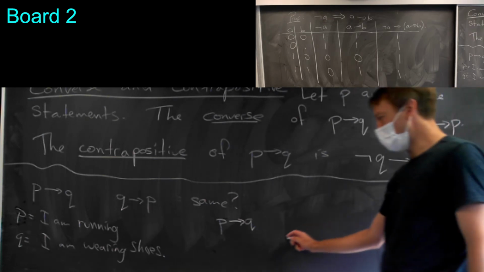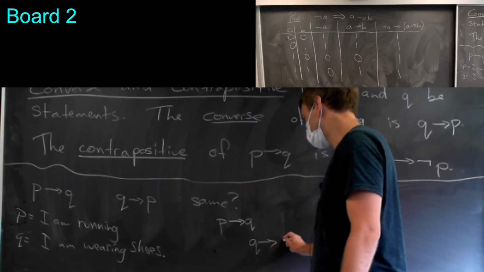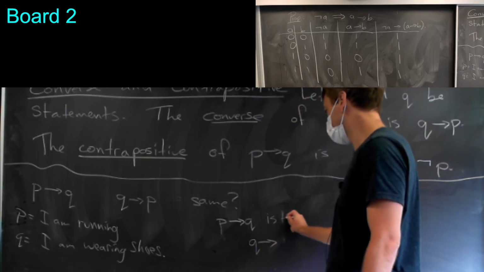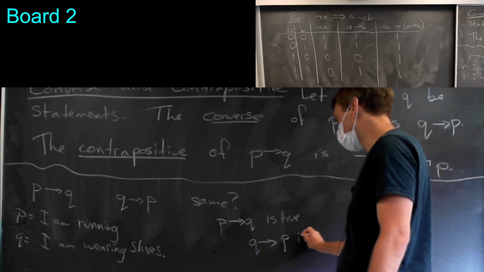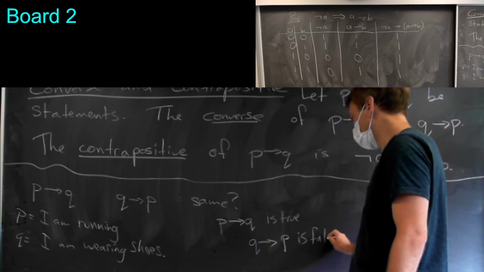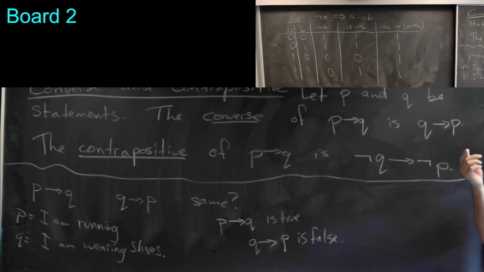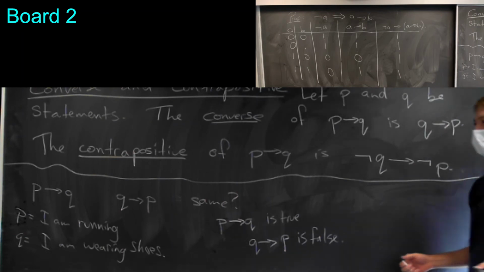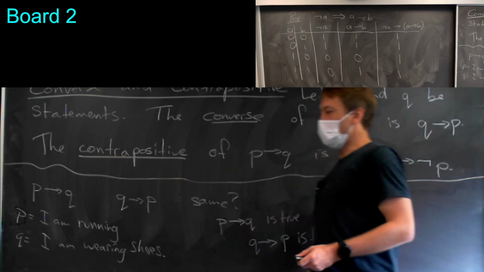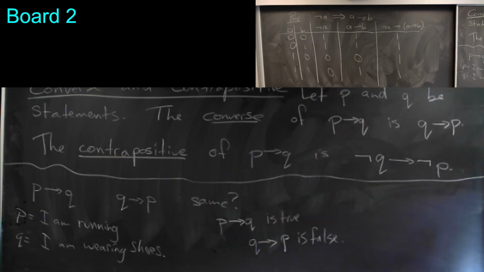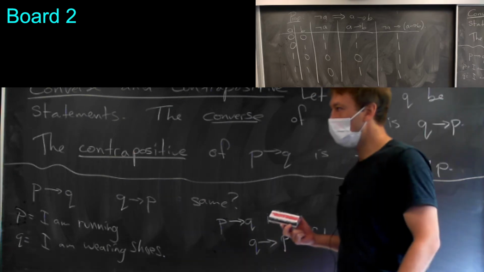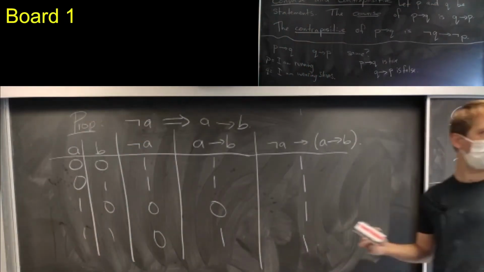But Q implies P is totally false, because all of us are wearing shoes probably. None of us are running. So definitely an implication and its converse are not the same thing. They're quite different. What about the contrapositive, though?